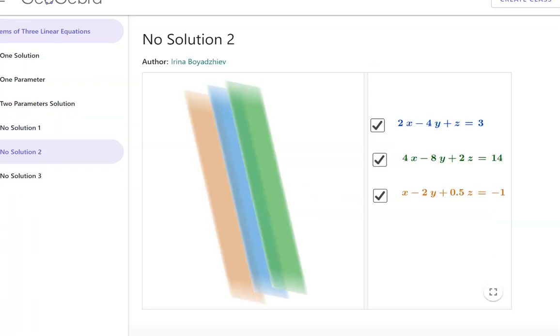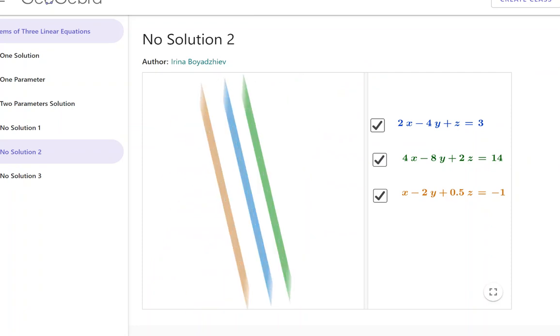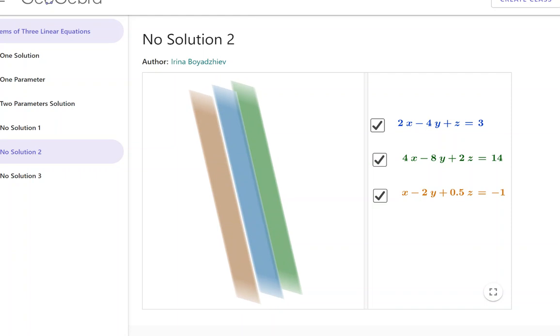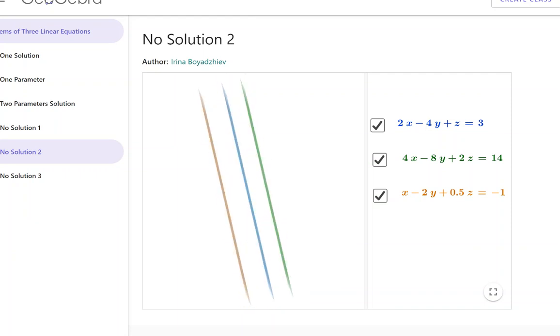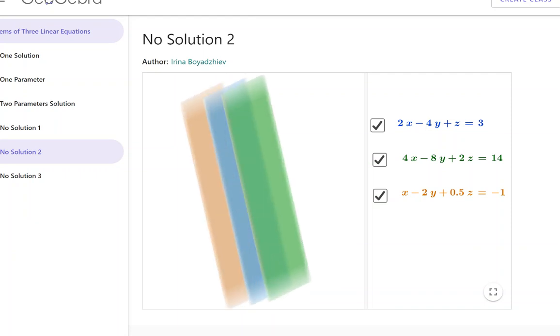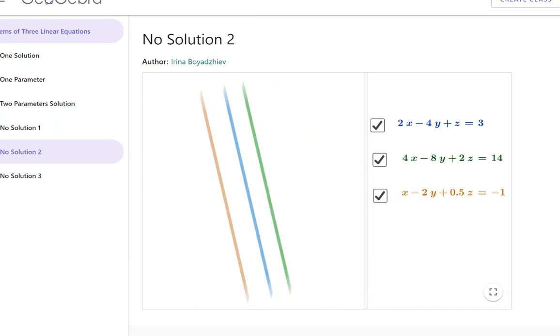Another way that we could see no solution is if all three of the planes happen to be parallel. So notice they never intersect each other at all. They live in separate sections of three-dimensional space. So there would be no solution here.